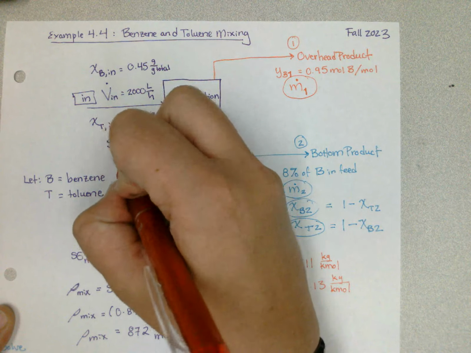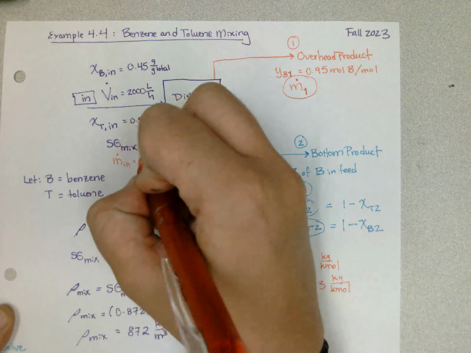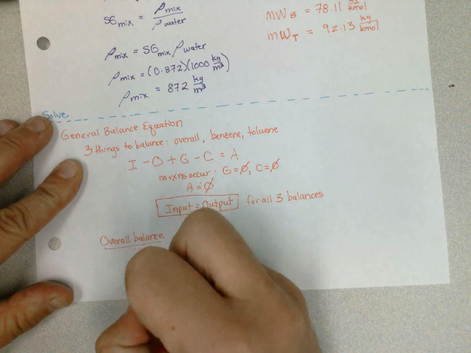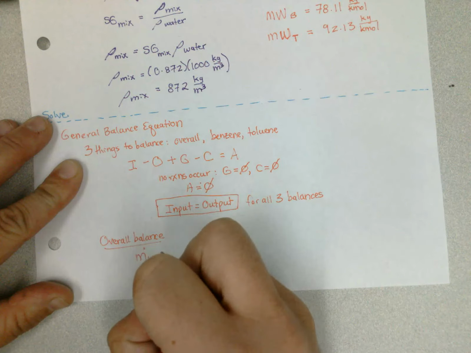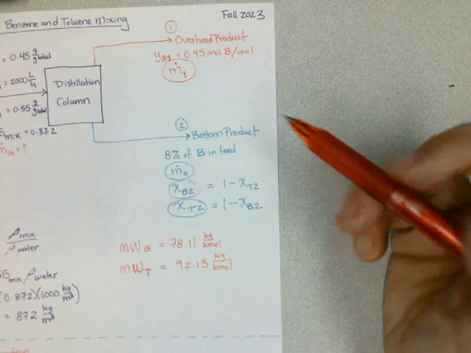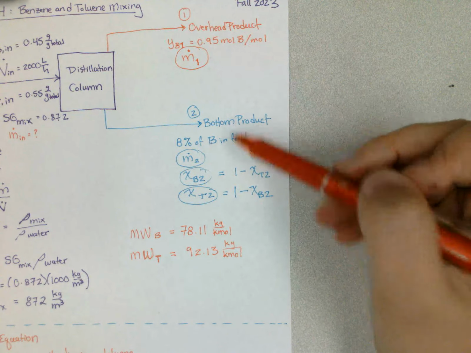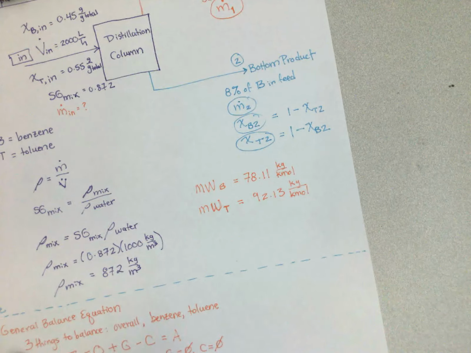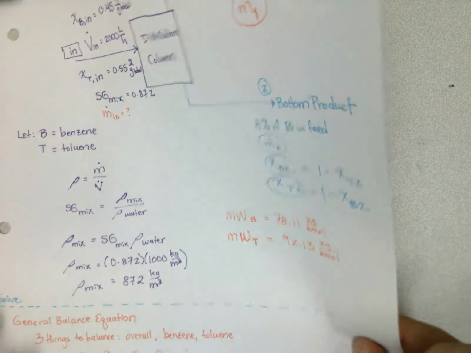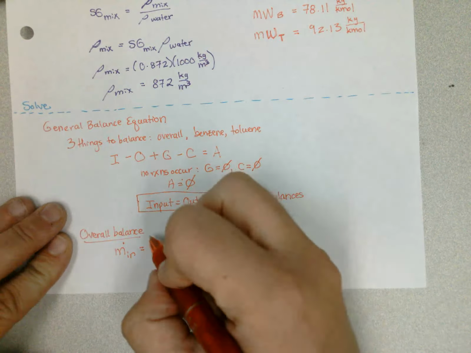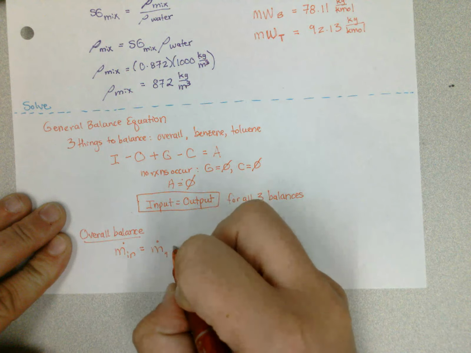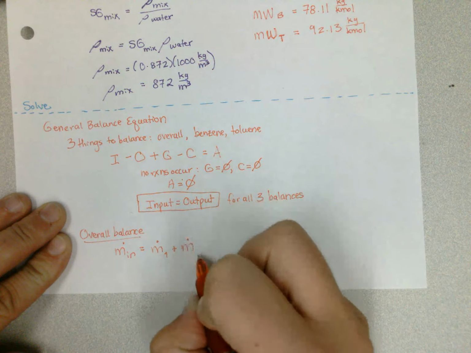We don't know what that is, so we should have probably labeled it. So we've got M1 as an input, one input. Okay? We've got two different outputs. We've got M1 coming out and M2 coming out.